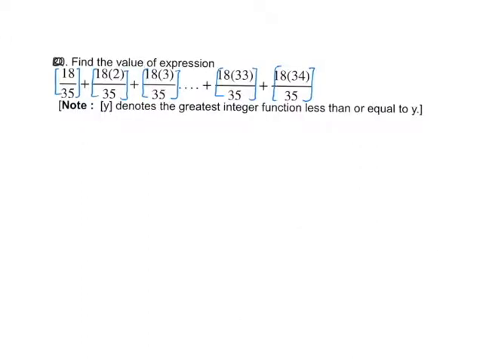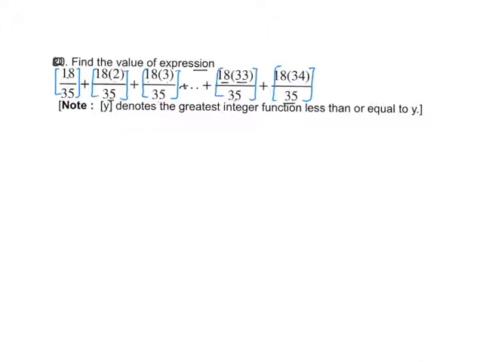Next problem is: find the value of the expression greatest integer of 18 by 35, plus greatest integer of 18 into 2 divided by 35, plus greatest integer of 18 into 3 divided by 35, and so on, plus 18 into 33 divided by 35, plus 18 into 34 divided by 35.